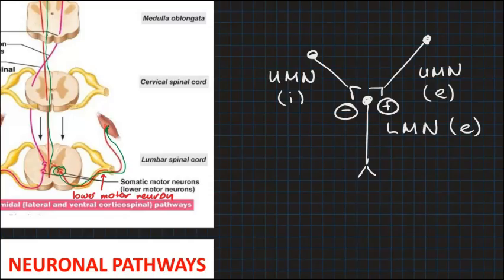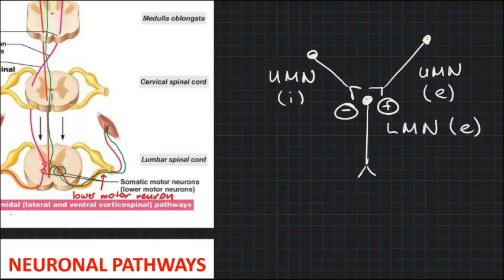Does that make sense? Imagine that the only thing that I can do in life is to dig a ditch. So, if one person tells me, go dig a ditch, I'm going to be digging it until somebody else comes to me and says, don't. Then I stop. So me digging a ditch is the lower motor neuron.